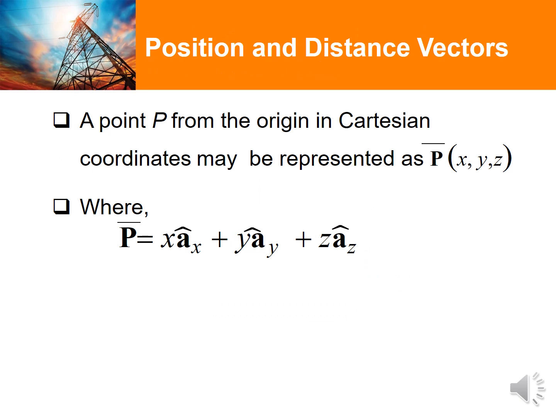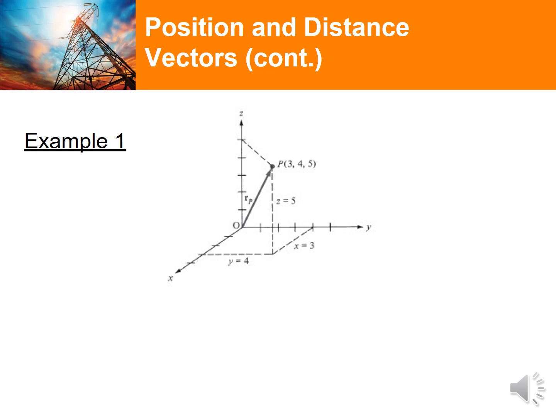Let's suppose we have a point P in a rectangular or Cartesian coordinate system. Based on the illustration shown on the slide, how can we represent vector P from the origin to point P? It would be given by vector P equivalent to 3x plus 4y plus 5z unit vectors.